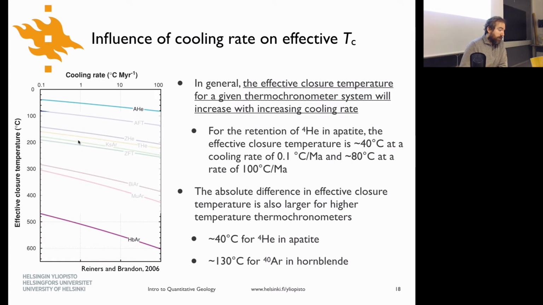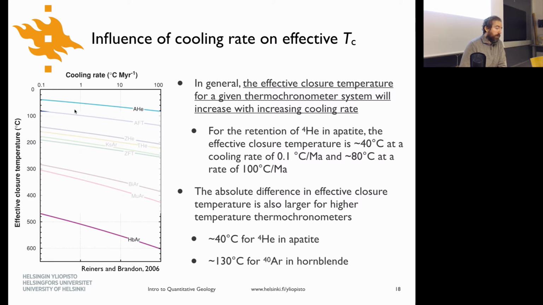Just to give you an idea of what this closure temperature looks like for different mineral systems, this is the system that's called apatite uranium, thorium, helium. So this is uranium and thorium decay to produce helium isotopes inside an apatite crystal. And this plot shows how the effective closure temperature varies as a function of the cooling rate.